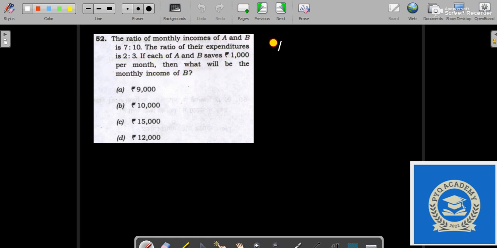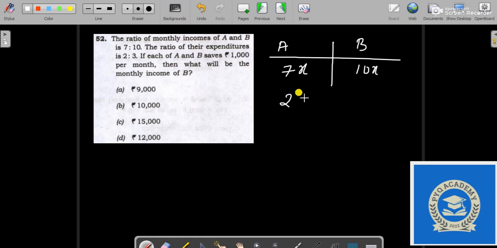Okay, so let's suppose A and B. Let A's income be 7x and B's income be 10x. A's expenditure is 2y and B's expenditure is 3y, and each of them is able to save 1000.